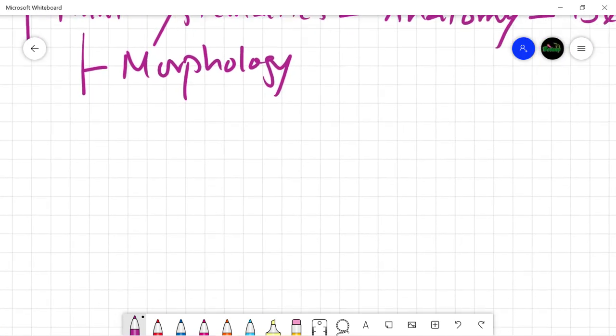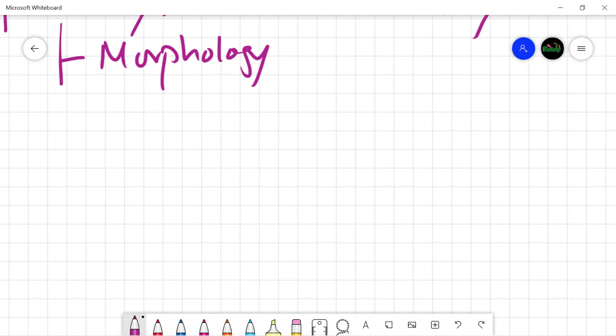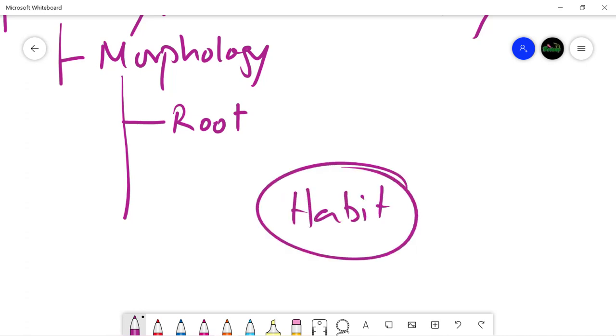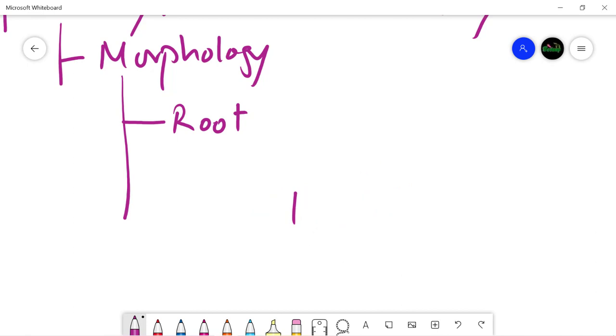As far as the morphology of an angiosperm is concerned, in this particular course we are going to study everything starting from the root and onwards. Usually the description of a plant starts with the habit, the general form of the body, but habit is what's given in the coming chapters as we go along.